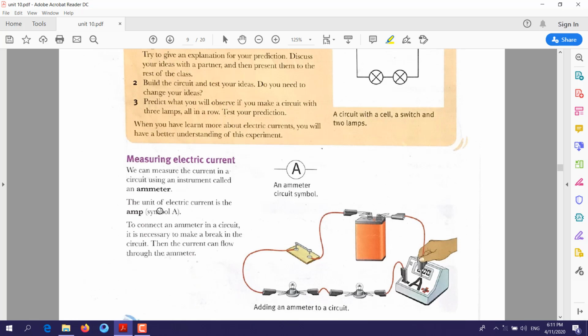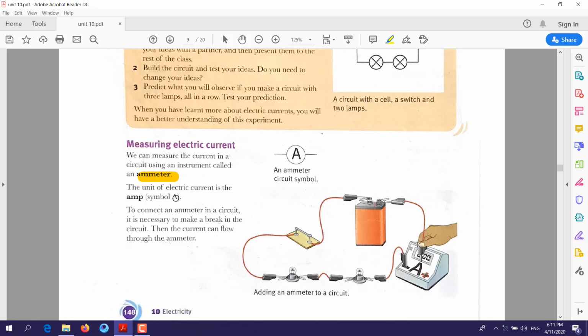Then how do we measure this electric current? To measure the electric current, we have a specific tool. We call it a meter. So, we can measure the electric current in a circuit using an instrument called a meter, an ammeter. This is the symbol that we use when we draw an electric circuit.